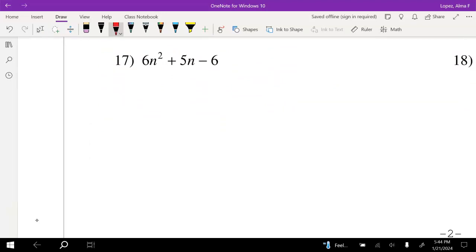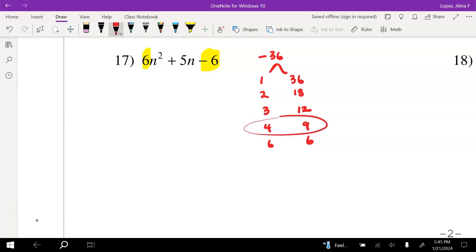On this next one, I'm going to start by multiplying the 6 and the negative 6 together, which is negative 36. Factors of negative 36 are 1 and 36, 2 and 18, 3 and 12, 4 and 9, and 6 and 6. And immediately I'm looking at this and I'm thinking I need to make a 5n out of it.